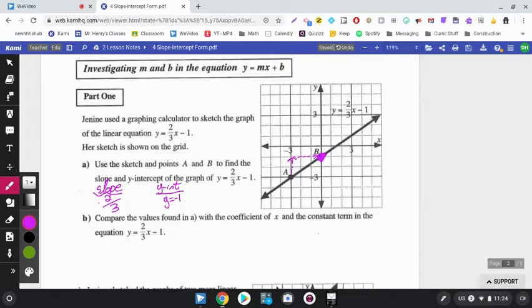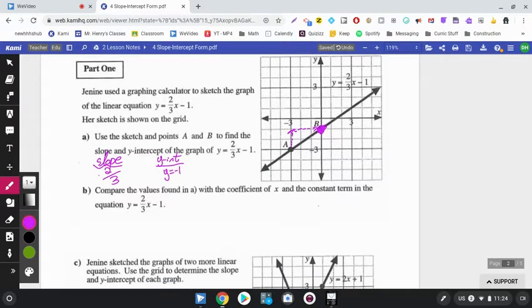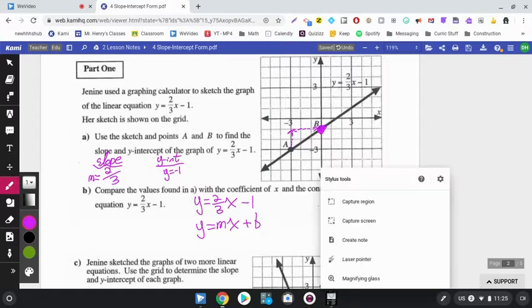Okay, and then it says compare the values that I just found with the coefficient of x and the constant term in that equation. So, y equals 2/3 x minus 1. And what I'm trying to explore is this mx plus b idea. And then you're probably thinking, well, hey, slope, didn't we use the letter m to represent slope?